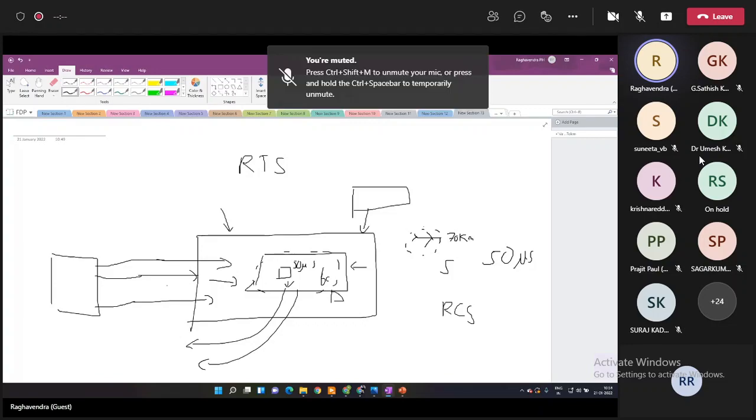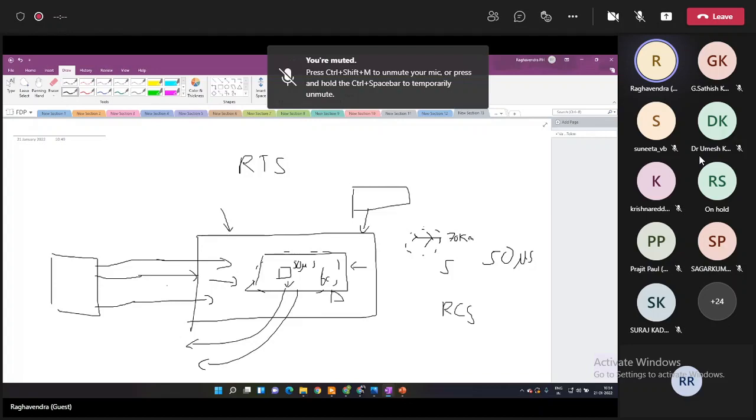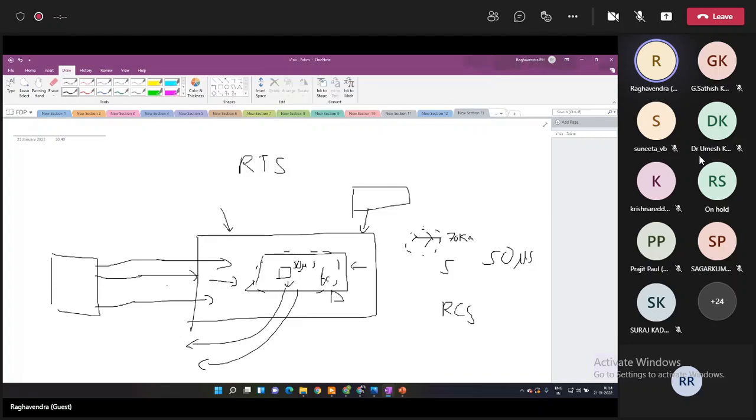So what they do is connect it with wires. Suppose you want to test this along with your antenna system to see how it behaves. Then the best thing you can do is put this inside an anechoic chamber and do whatever antenna testing you want to do over there. But again, usually your radar target simulators work with wires. They don't work with antennas. So if you want antennas, you'll have to put it inside an anechoic chamber.